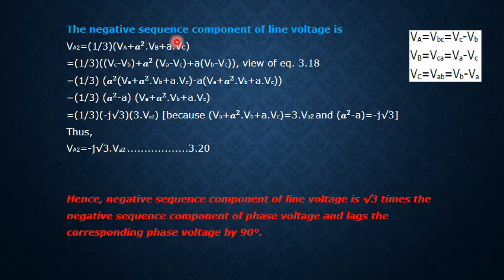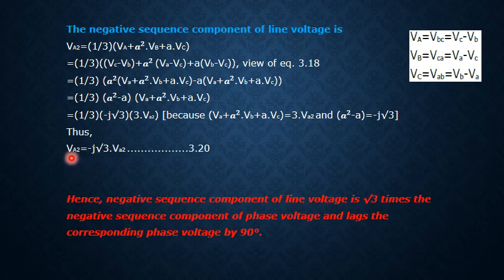So for the negative sequence component line voltage, once again, the line voltage is equal to root 3 times the phase voltage, but the angle is lagging by 90 degrees. That's why the minus sign is used over here. So the minus sign represents it is lagging, having an angle of 90 degrees. That is a slight difference between the positive sequence components line voltage and negative sequence components line voltage.